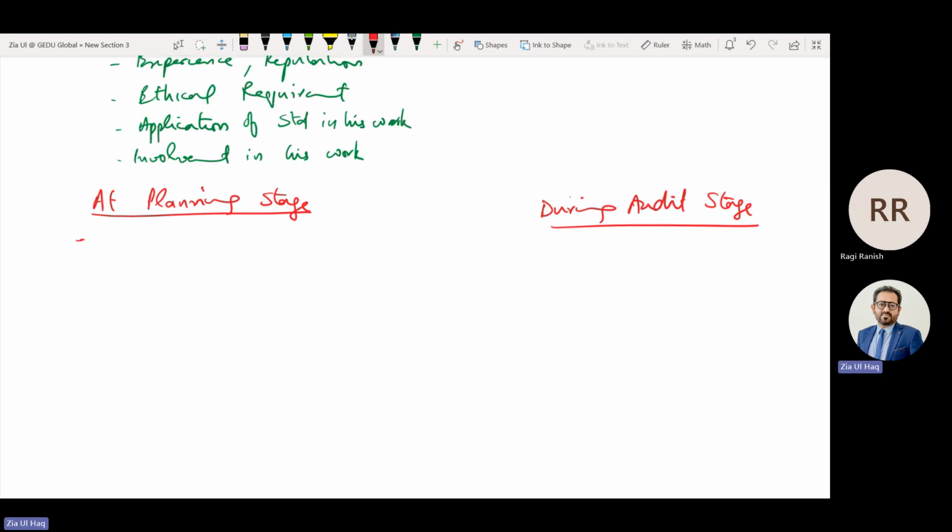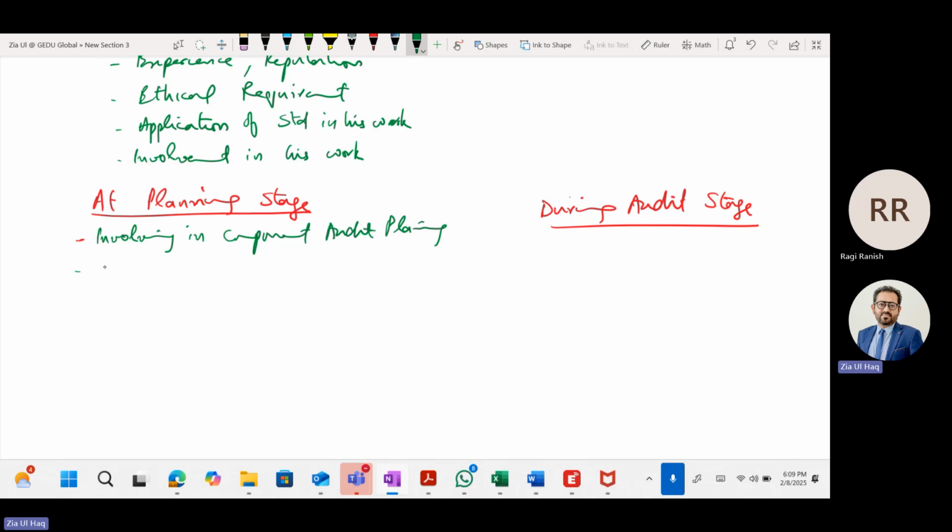We should involve ourselves in the planning of the component, meaning the subsidiary audit planning, so that we can make sure what risky areas he is highlighting, how he is highlighting risky areas, and whether he is performing as per standard or not.